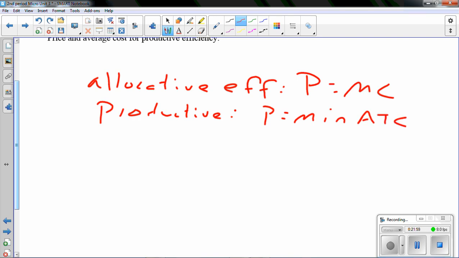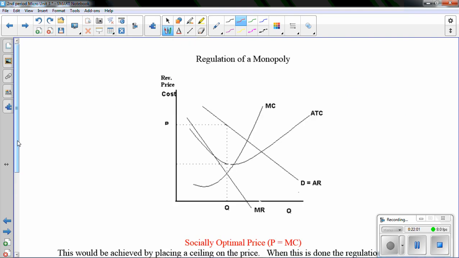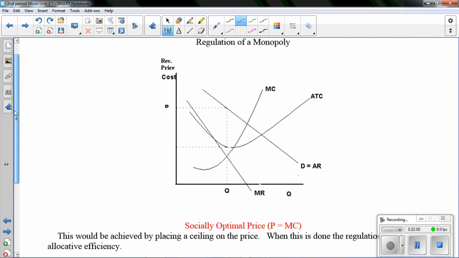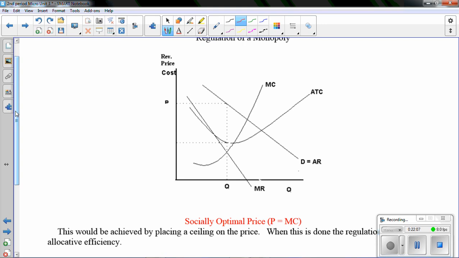Okay, now, if we know that, let's take a look at a graph. Let's take a look at this monopolist here. Is this monopolist allocative efficient? Is it producing where price equals marginal cost? And the answer is no. Okay, the allocative efficient point would be way out there.